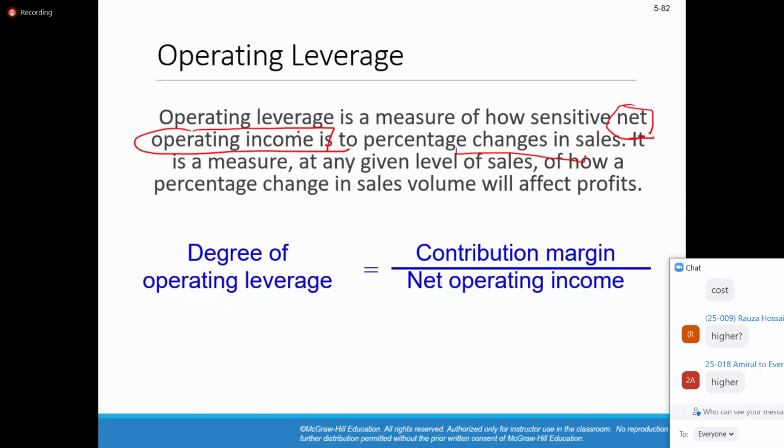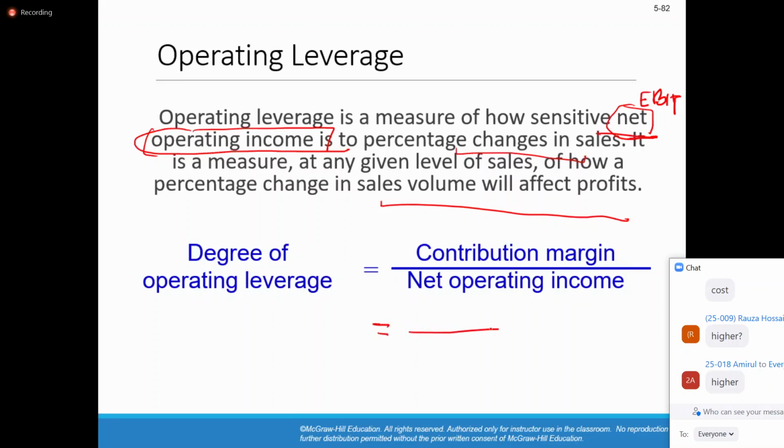So the operating leverage number will help us see how my sales volume affects my profit, which is equal to this net operating income. In accounting, it is known as EBIT. So how can we determine the operating leverage? In this case, the contribution margin and the net operating income.